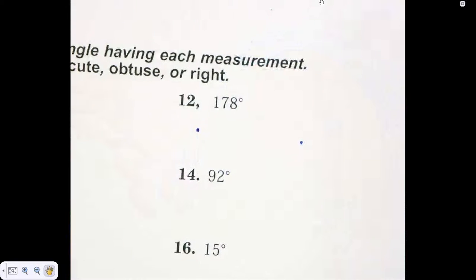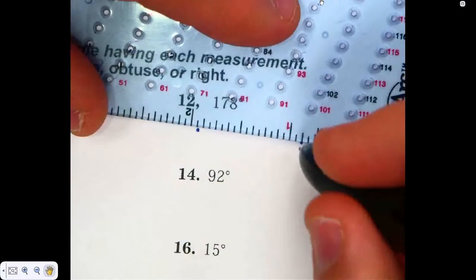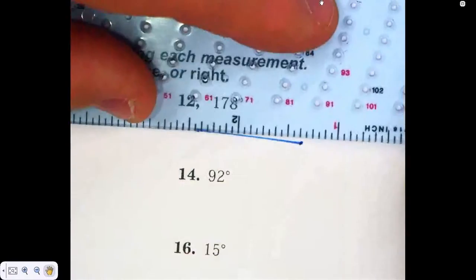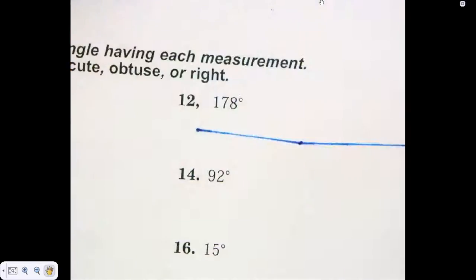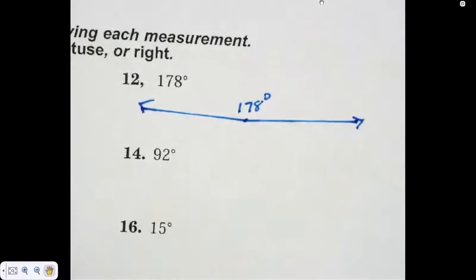It's about right there. So it's going to look almost like a straight line, isn't it? Think you guys can do that? Yeah.